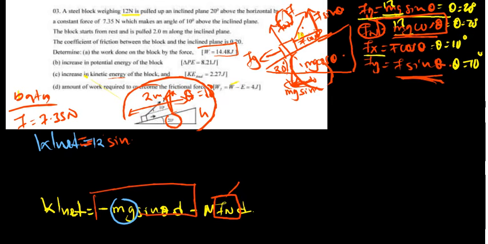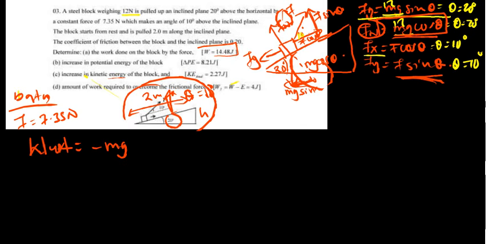I know you're already confused. This formula is like this. We have come up with this now. The work net, after deriving the formula, we have said that it's going to be negative mg, is it cos? We said cos, right?